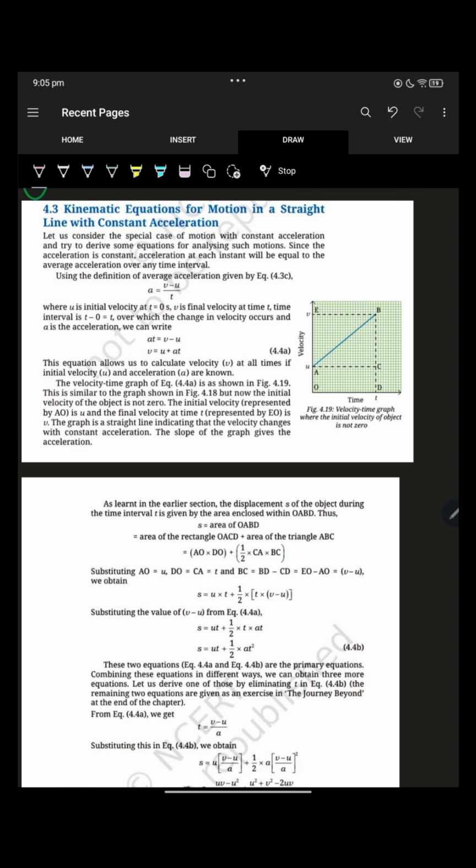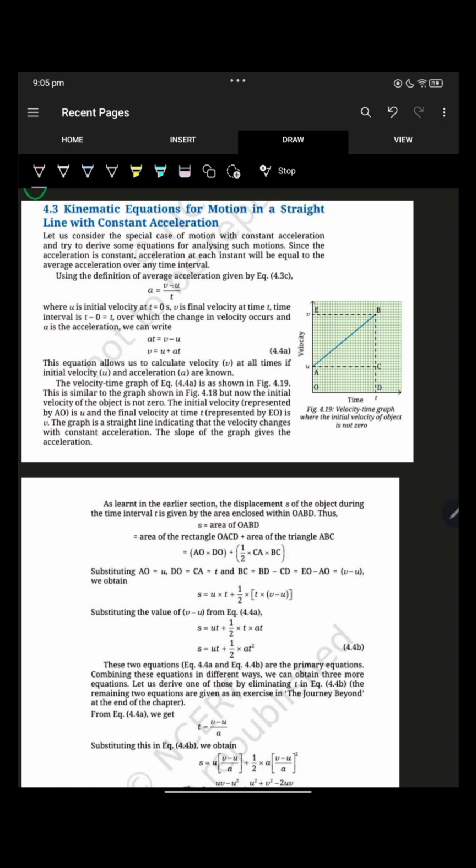Now in a straight line with constant acceleration, you need to keep in mind that whatever equations of motion we will be dealing with, they will be the cases where the body is moving with constant acceleration.